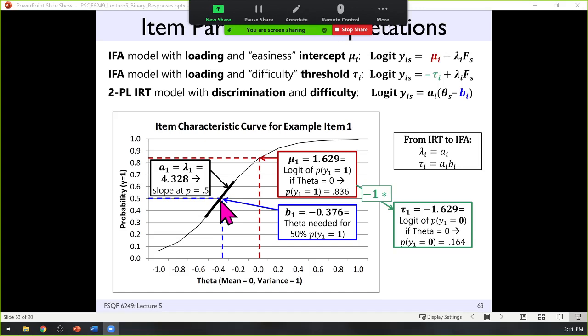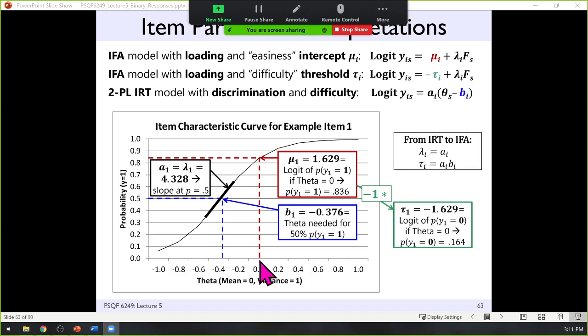The intercept loading version has a different anchor point for where we are on the x-axis. So for instance, for this item, the intercept was estimated at 1.6 because the intercept is referring to where theta is 0 as the predictor. The intercept is the expected response when predictors are 0.